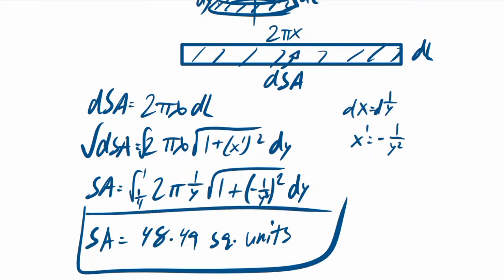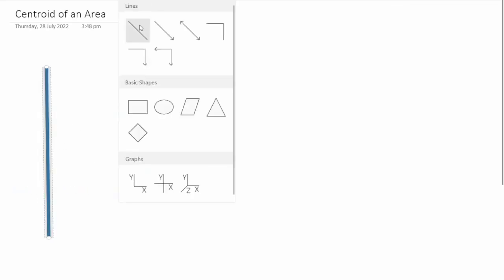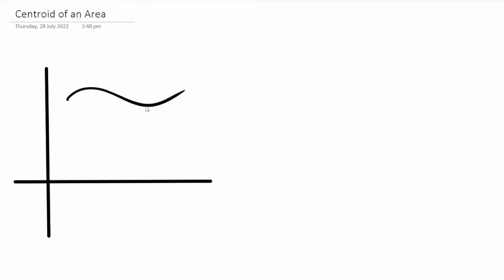Next up, we have centroid of an area. Now for the centroid of an area, just like before, we'll make another graph here, and then our curve there.